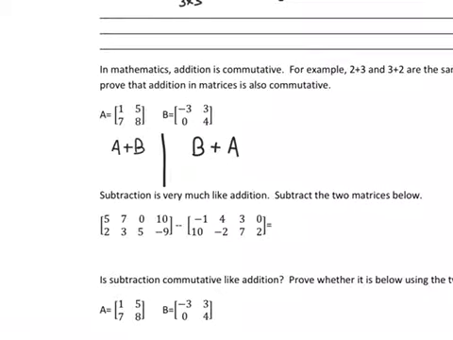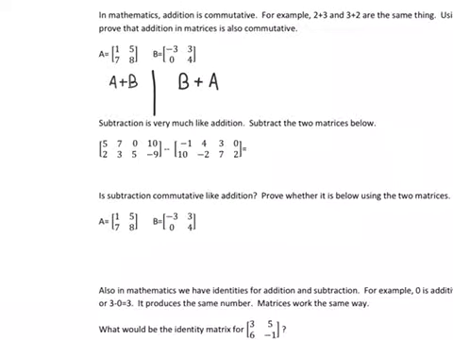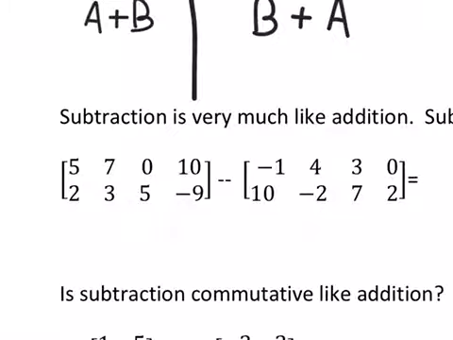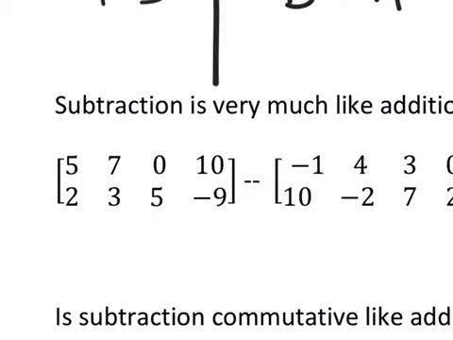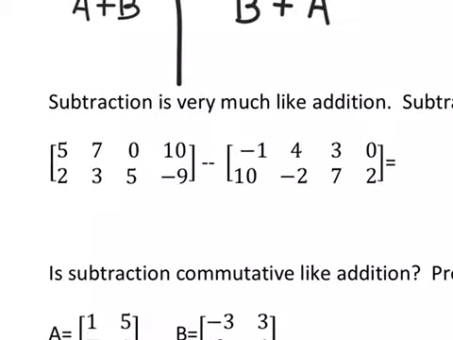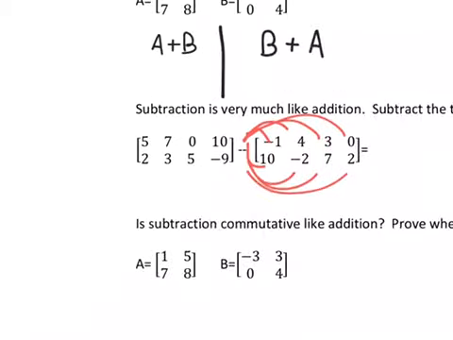Subtraction is very much like addition. We're going to subtract the two matrices below. This is very similar to where we have a negative out in front of a parentheses and we need to distribute. When I'm subtracting another matrix, I'm not just subtracting that value, I'm subtracting all of these. So this negative sign would distribute to all of those, which leaves you with two different methods on how you could take care of this.